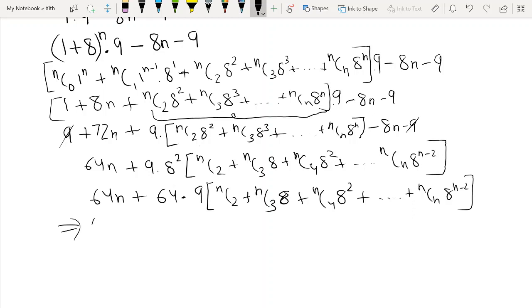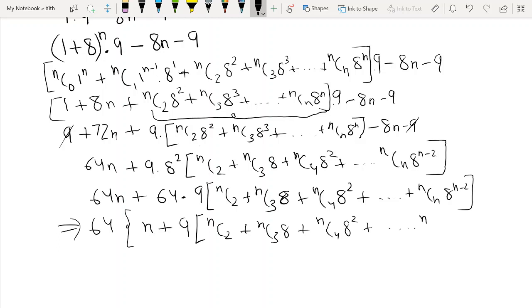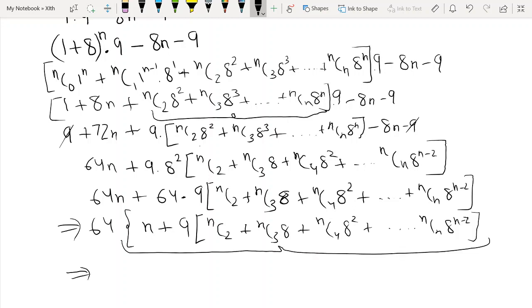So we will have 64, and then we have n plus 9 into nC2 plus nC3 8 plus nC4 8 square plus, in the end, nCn 8 raised to power n minus 2. Now this whole thing can be written as k. So this is equal to 64k.